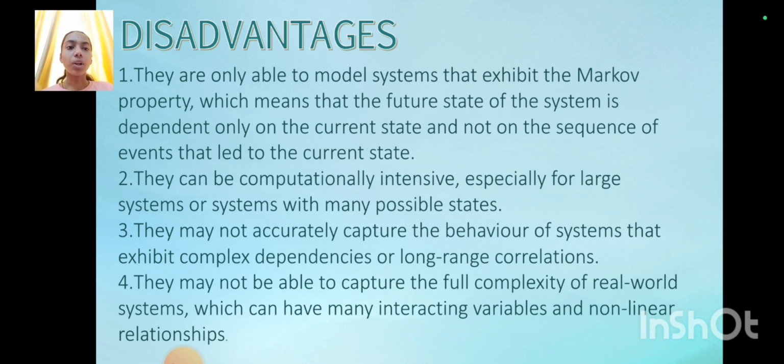They may not accurately capture the behavior of systems that exhibit complex dependencies or long-range correlations. They may not be able to capture the full complexity of real-world systems, which can have many interacting variables and non-linear relationships.